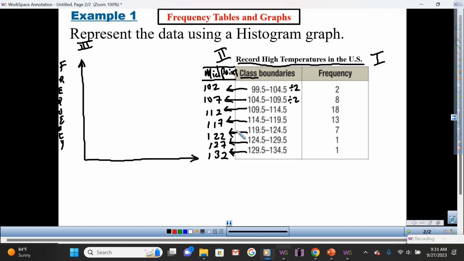So what do you guys want to go by? By ones, by twos, by fives? Diego says 2. Okay, so let's go 2, 4, 6, 8, 10, 12, 14, 16, 18, and 20.